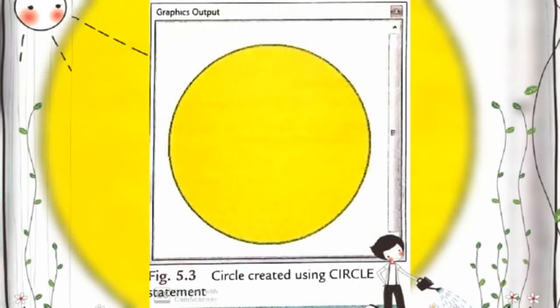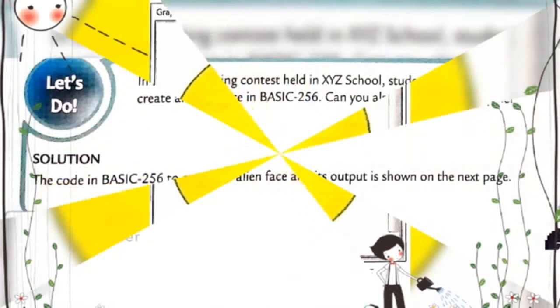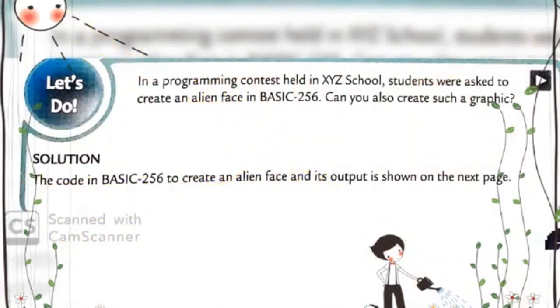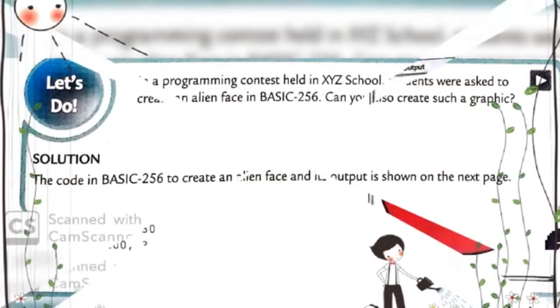So this way you can draw the circle, and after that at the same page one question is given for you. You can try at home, and the solution is also given at the next page. In the next page you can see the program is given.